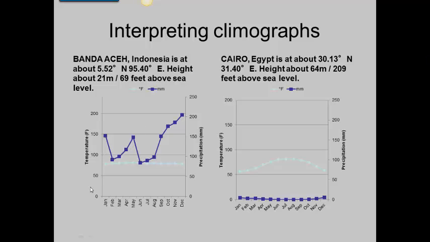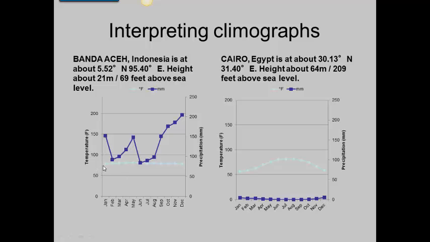Climographs simultaneously show temperature, which is given on the left axis, and precipitation, which is given on the right axis on these two figures. Precipitation is illustrated by the blue line. So as you can see, we've got a lot of precipitation in this particular location in Indonesia and really low precipitation in this location in Egypt.